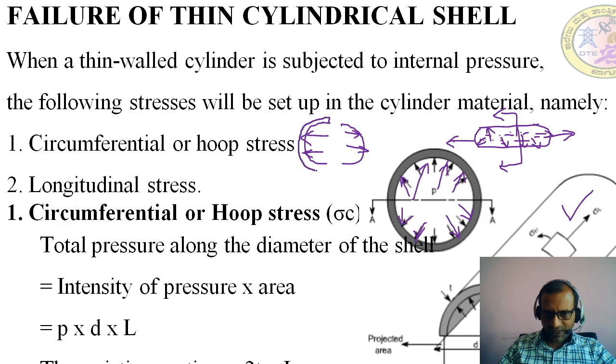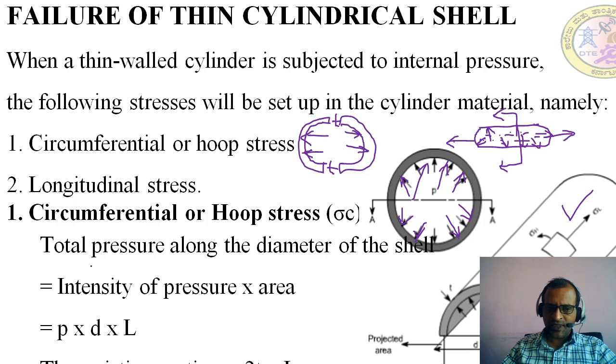Now what happens, as I said, this is a thin cylindrical cell, something like this. It has some thickness like this, right? So this thickness is T. Here also the thickness is T, right? The intensity of pressure into area.